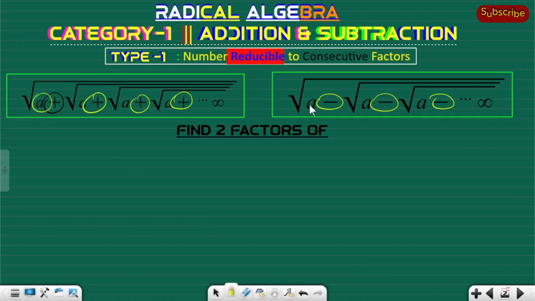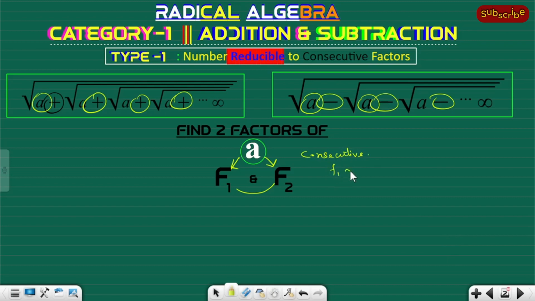Here we have the base a. For base a we have to find two factors, factor 1 and factor 2. These two should be consecutive, meaning f1 minus f2 should be 1. Their difference should be 1.